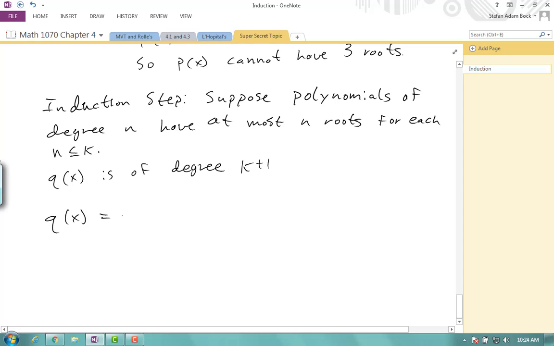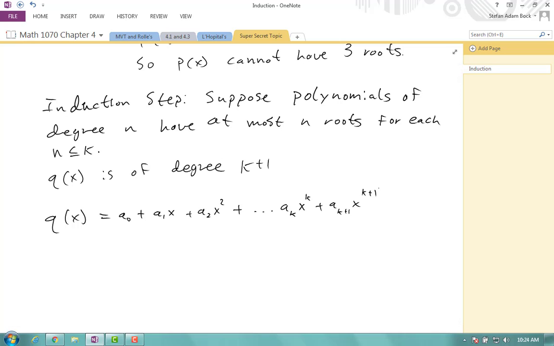I'll have a constant term, a0, plus a linear term, a1x, plus a2x squared, plus dot dot dot, a sub k, x to the k, plus a sub k plus 1, x to the k plus 1. I don't particularly care what these coefficients are, just that they're there.